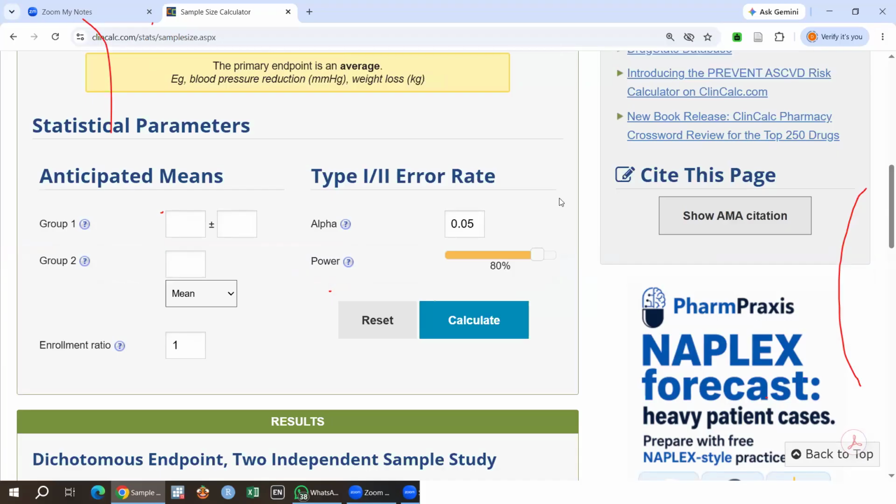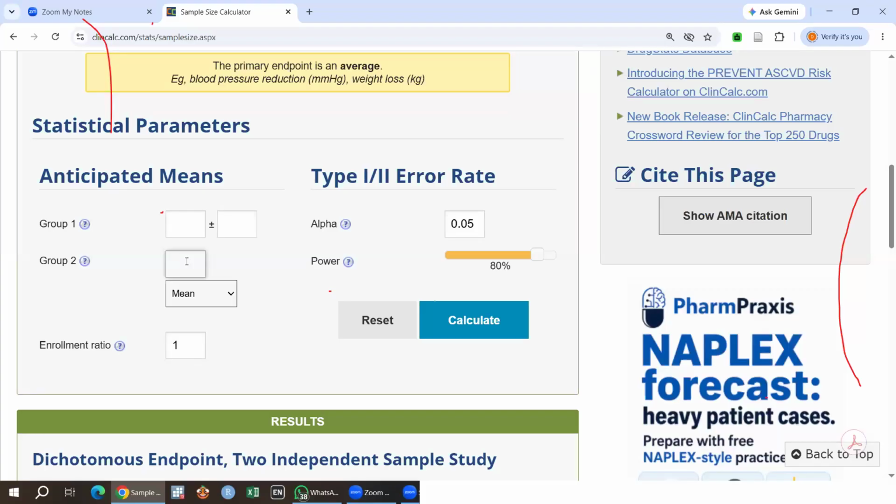There is some trick in ClinicCalc. For group 1, they have given mean plus minus SD. But for group 2, they have given only mean, not SD.